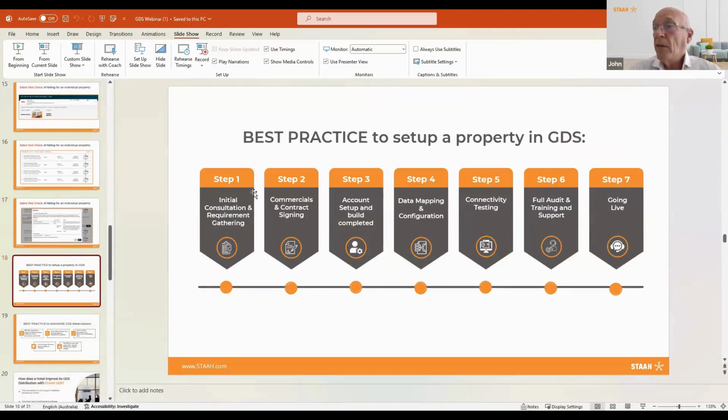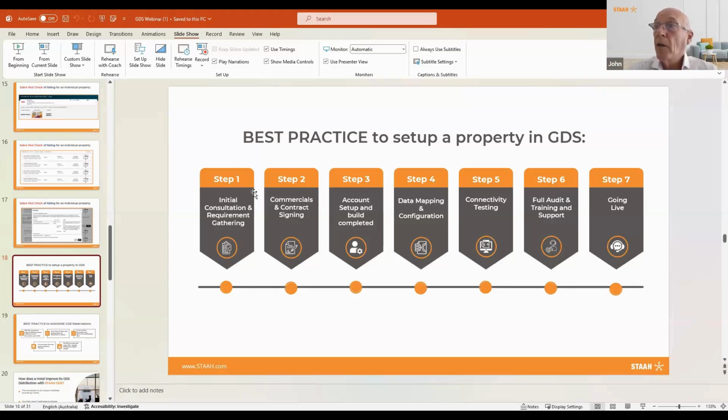The best practice, as we refer to it, is setting up the property from the get-go. There's an initial consultation period and a requirement gathering. We need to gather some information from the hotels to make sure that we build the blocks in the correct order from the beginning.